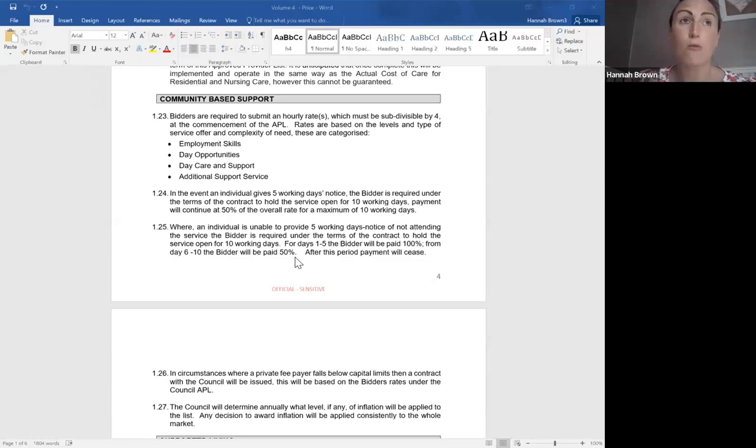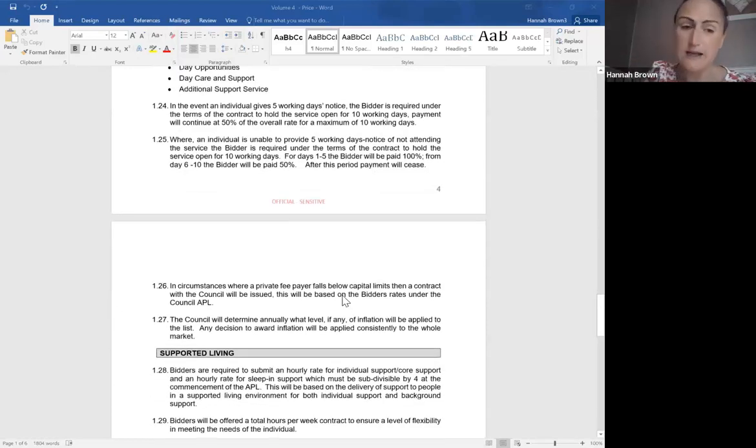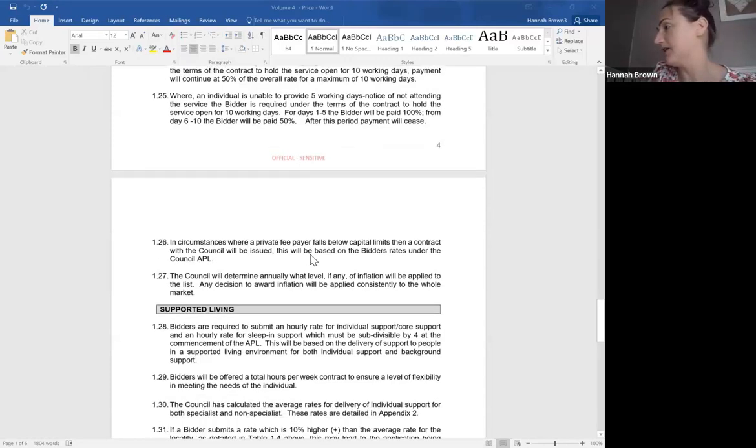But we're just trying to move away from standard sessions and session rates to move towards a bit of flexibility within community-based support services. So quite a big change there for providers to think about hourly rates. And again, as Jill said at the beginning, any particular questions that you have about pricing for your services, we just ask that those come through the clarification process rather than this webinar specifically.